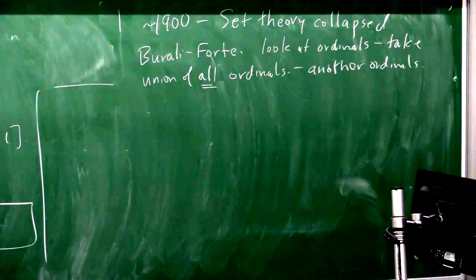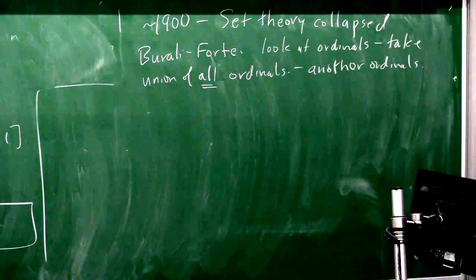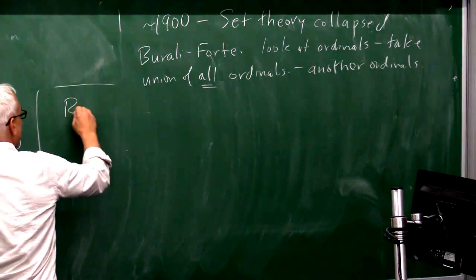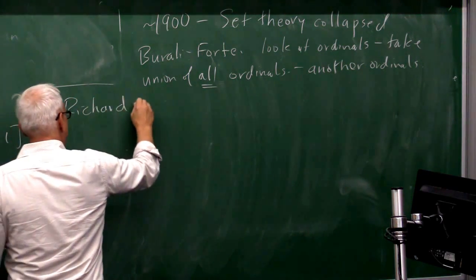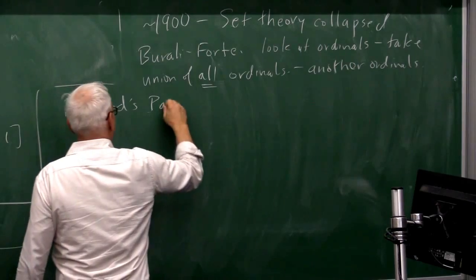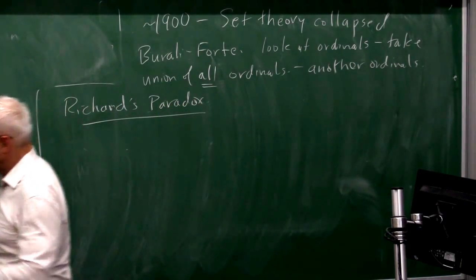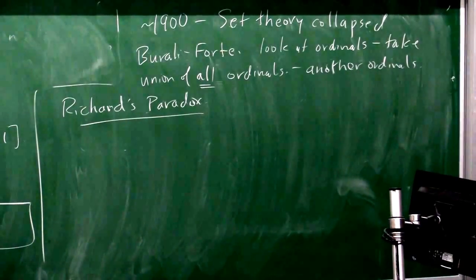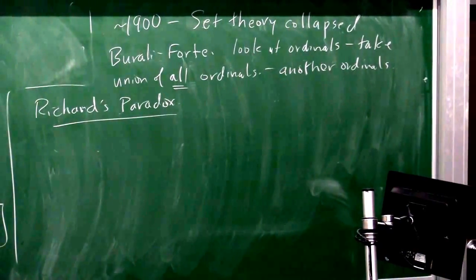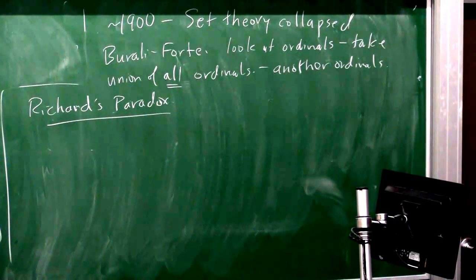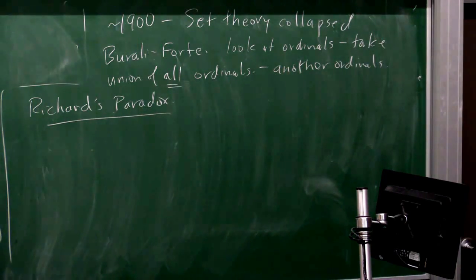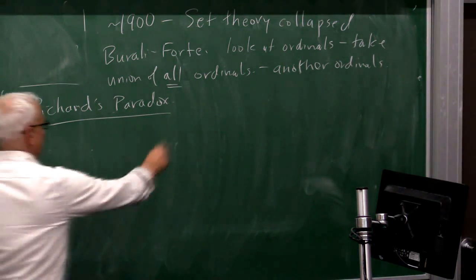There was another paradox, Richard's paradox, which goes back to Cantor's diagonal argument. And Richard said, okay, what happens if we try to name these real numbers?